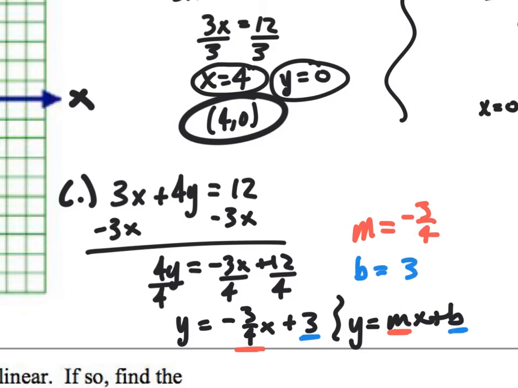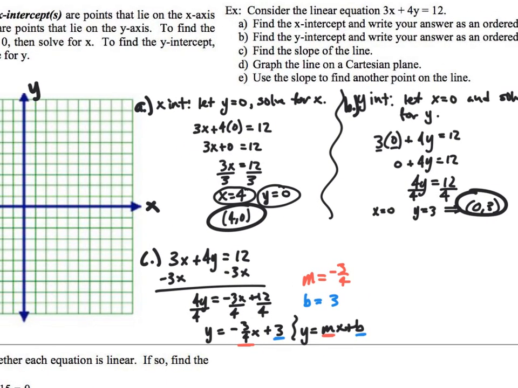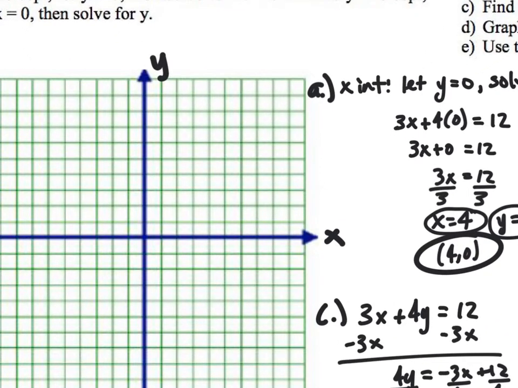So what I can do, and let's just talk about a few things here: I found my y-intercept already by plugging in 0 for x, and I have my x-intercept. Now I'm going to plot those points. I've got a y-intercept of 3, it's that point here, and an x-intercept of 4, 0.